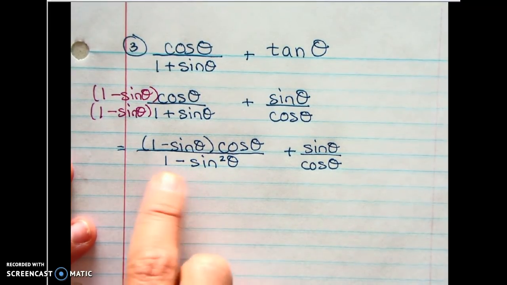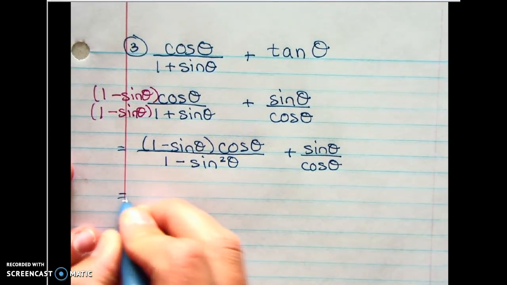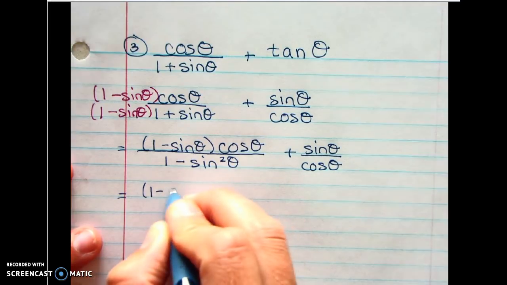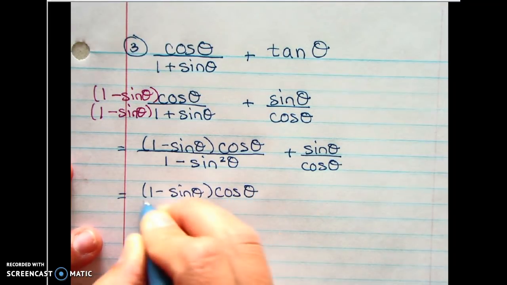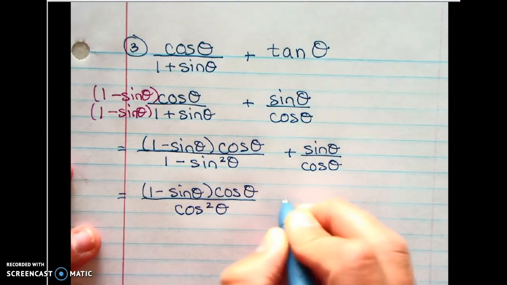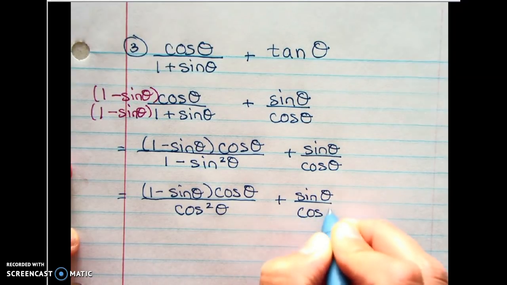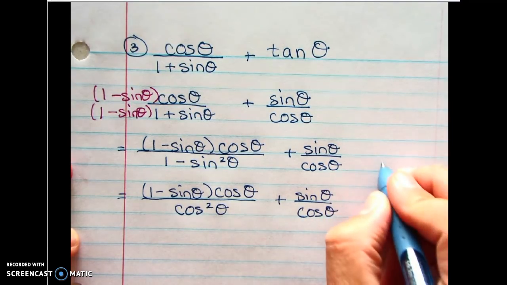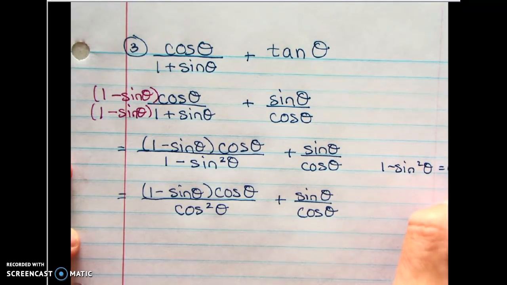Okay, you tell me now, we've done this already, what's 1 minus sine squared equal to? 1 minus sine squared can be substituted out for cosine squared. One minus sine squared equals cosine squared.